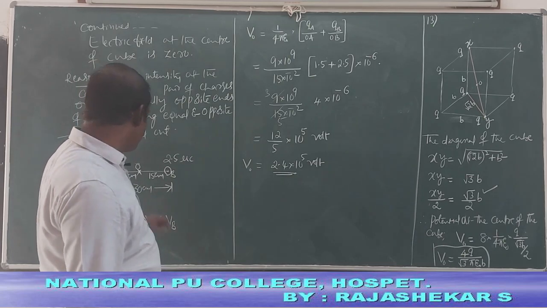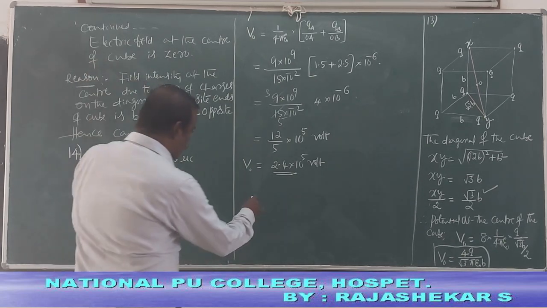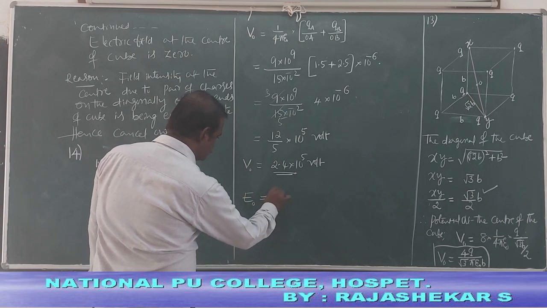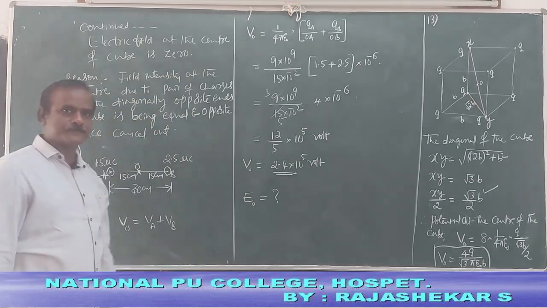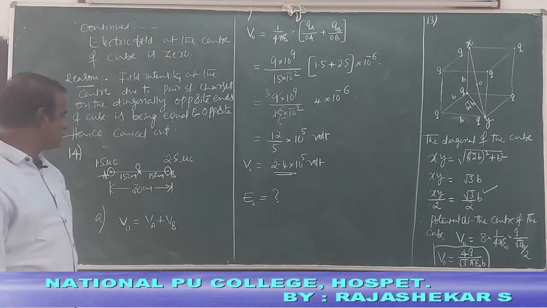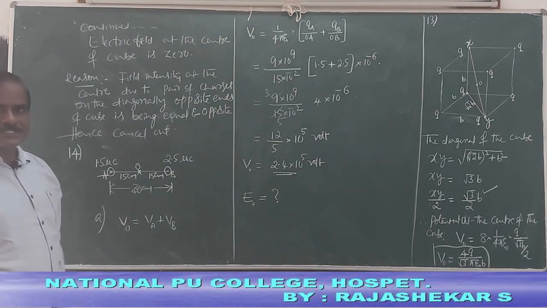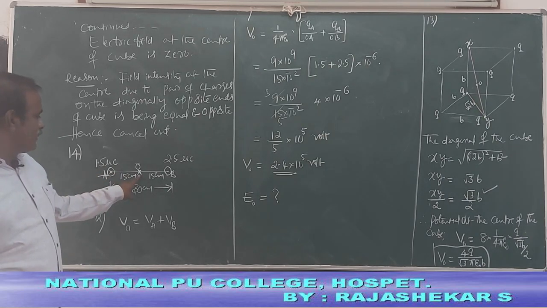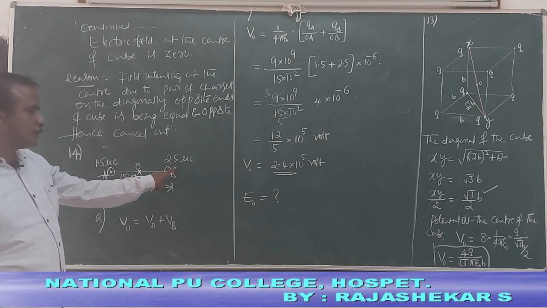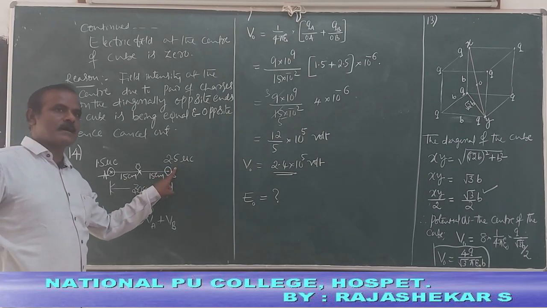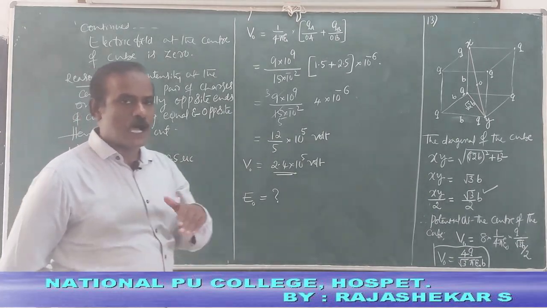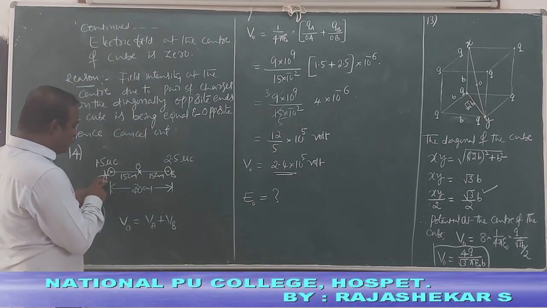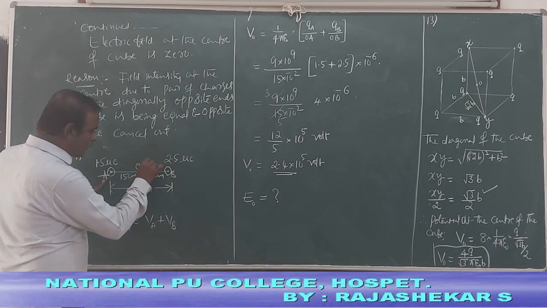Now in the same part, what is the electric field at O? This is the one we have to answer. Electric field intensity at O. Well students, these both are positive charges. Field at O due to these charges are away from them. I mean, due to the charge at A, field at O will be away from it.